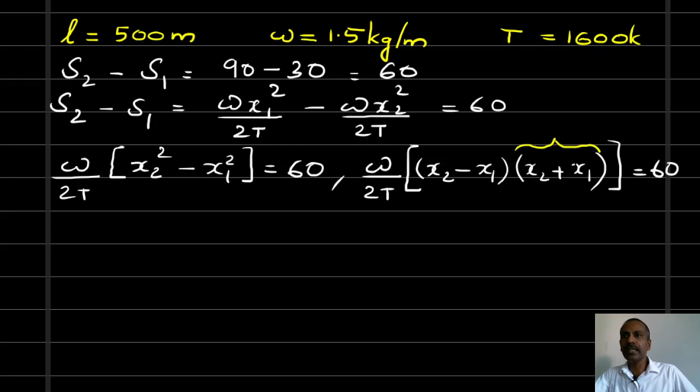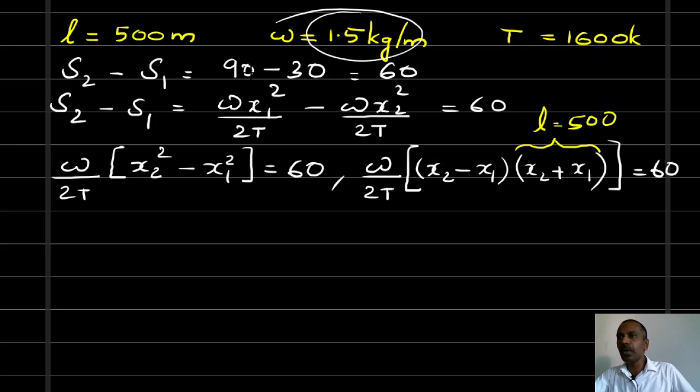x2 plus x1 is the distance between the two towers. L is equal to 500 meters. W is equal to 1.5 kilogram per meter.